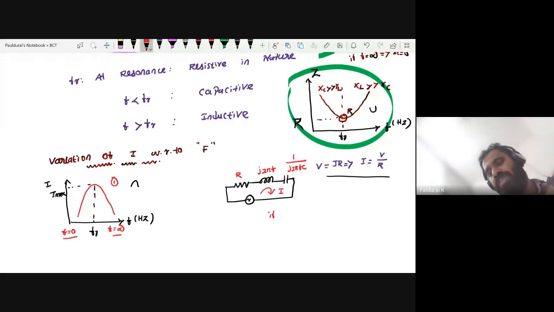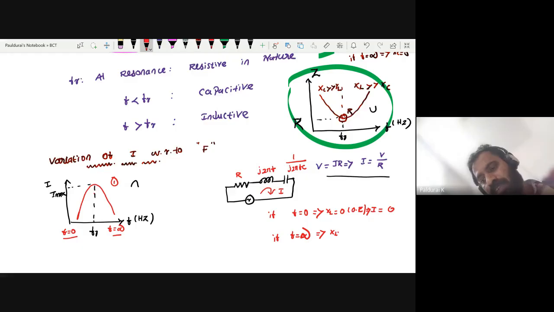If F equal to 0, what will happen to the inductor? XL equal to 0. Open or short circuit? Short circuit for inductor, and the capacitor is an open circuit. Open circuit means what is the current? Current I equal to 0. That's why here it is 0. At F equal to 0, it is 0. Now, if F equal to infinite, what will happen?